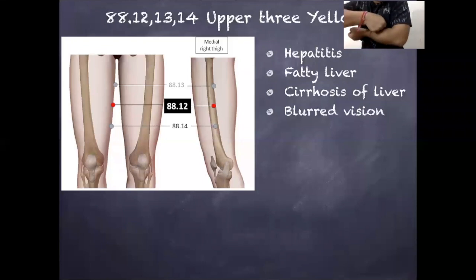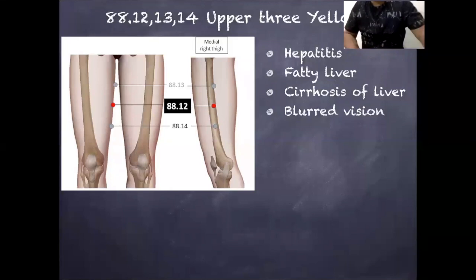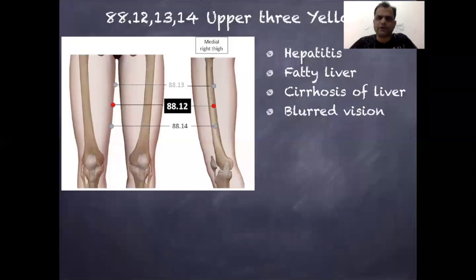So inhale, exhale. So we can stimulate the point even with the breathing technique and pressure. So these points will treat the problem of the liver, whether stimulated with the pressure or with the puncture.